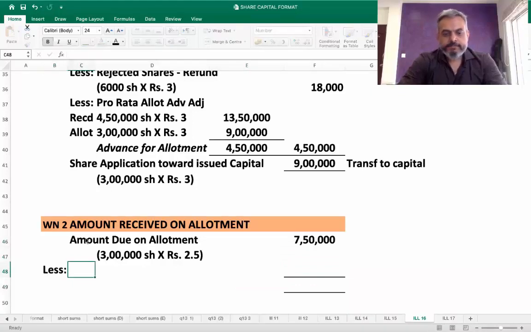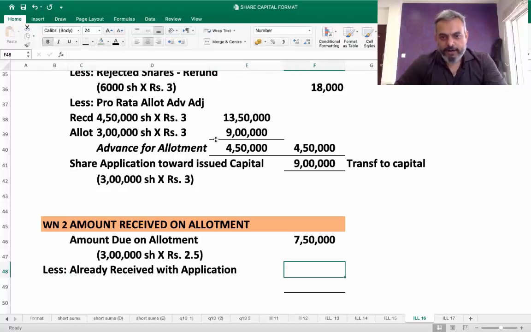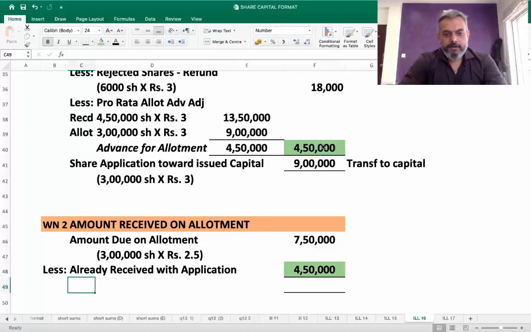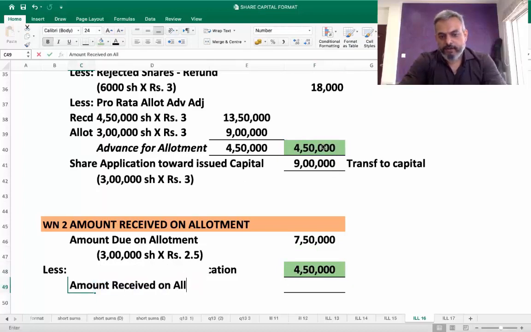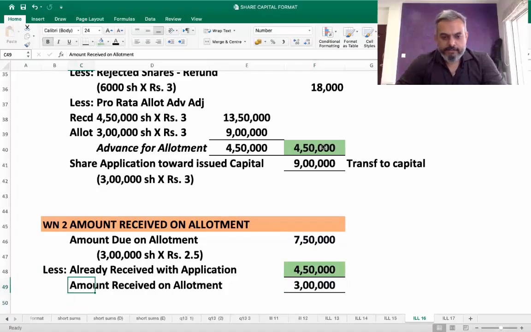Less already received with application. How much we have already received? This 4,50,000 which we have already received. This is the formula. So amount received on allotment, which will go to our bank account debit, is 3 lakh.